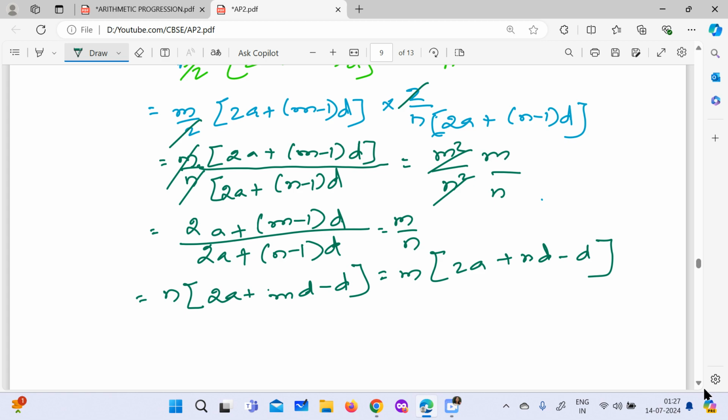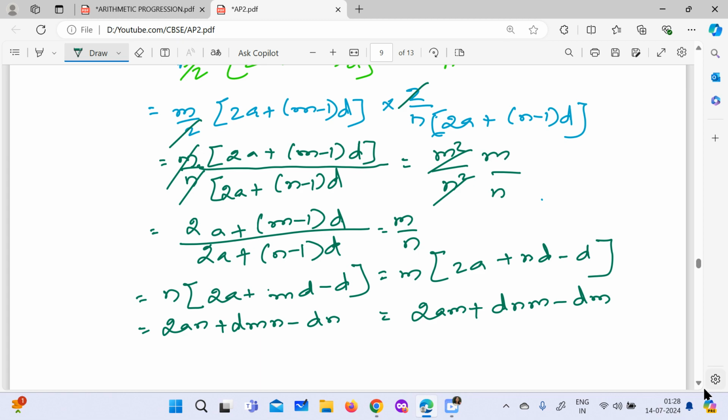Okay, let's open the brackets. So you get here 2an plus dmn minus dn equals 2am plus dnm minus dm.